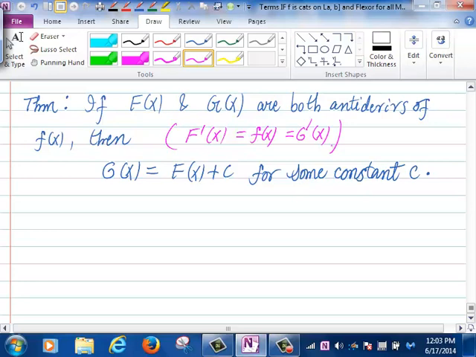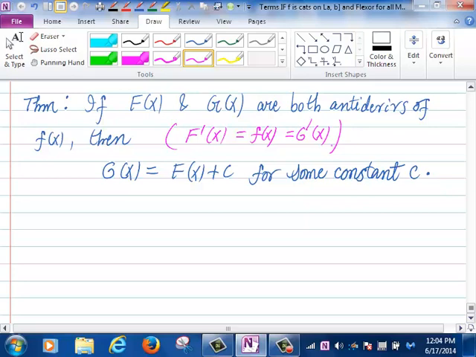That's what it means. So in 3.2 I said if two functions have the same derivative, they differ by a constant only. And that's exactly what we are saying here, right? So if uppercase F and uppercase G are both antiderivatives of the same function f, then they differ only by a constant. So that's how I know.